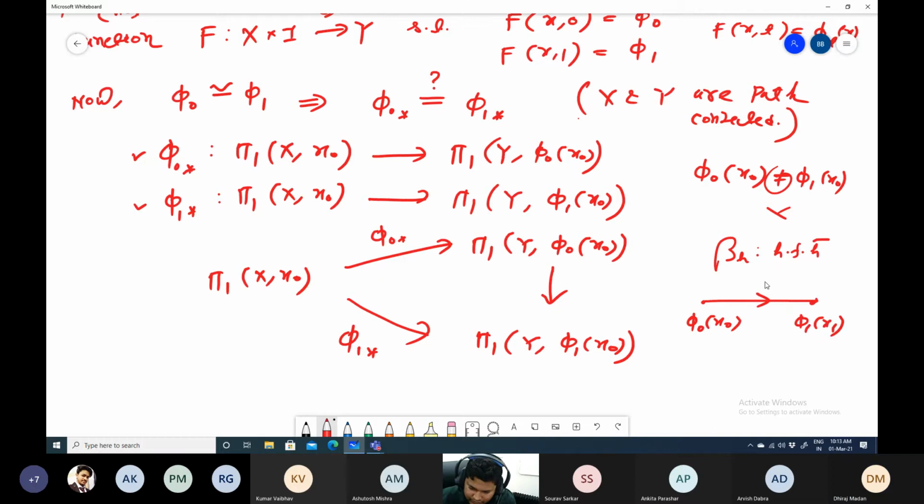Now suppose this is my map H, and then it goes to where, at this angle or this angle? So first we take H. Right, it goes in this direction.